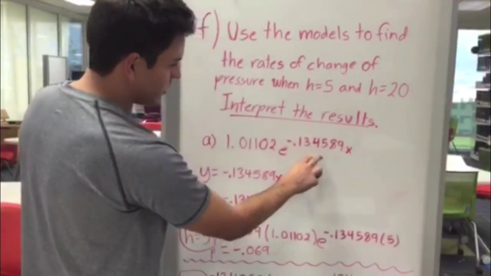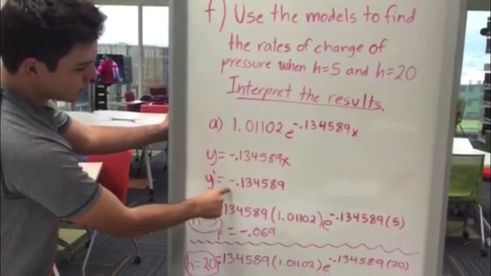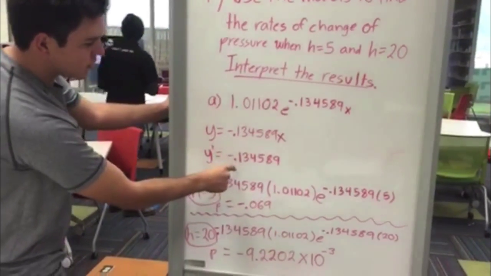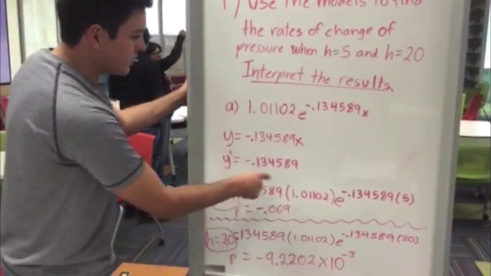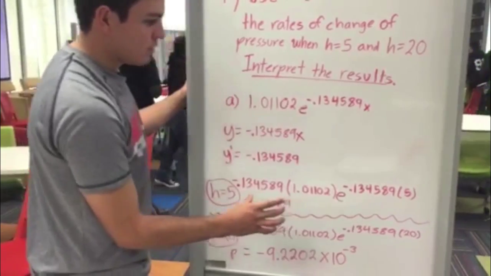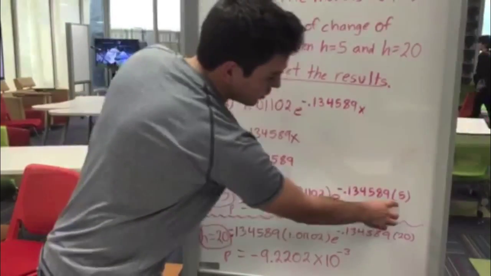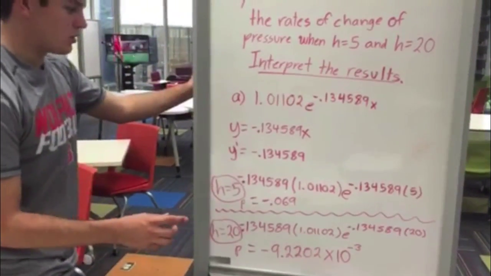So you need to get the derivative of the exponent that gives you negative 0.134589 and multiply it times the number, and then once you have the derivative, you need to plug in the 5 and the 20 in different equations.